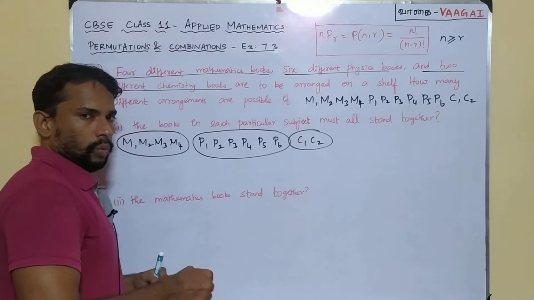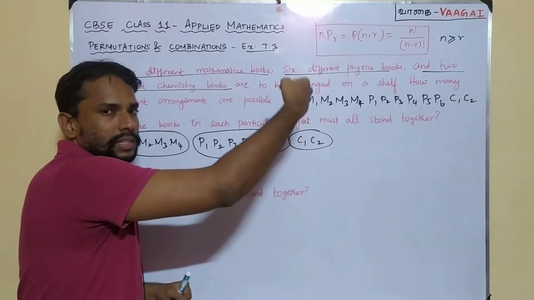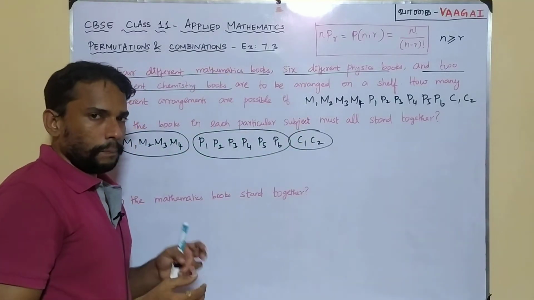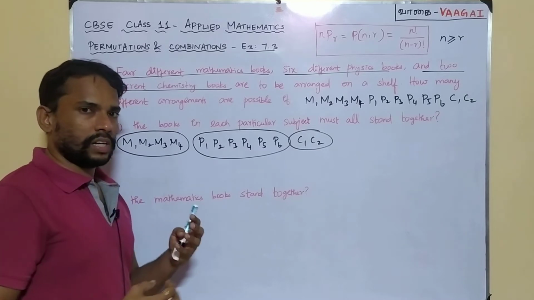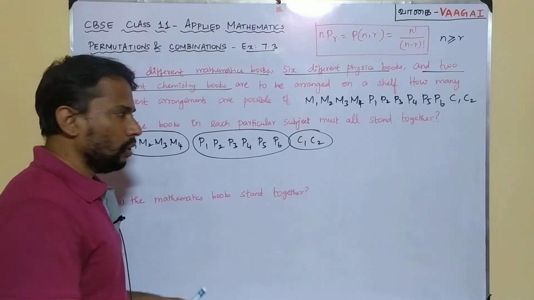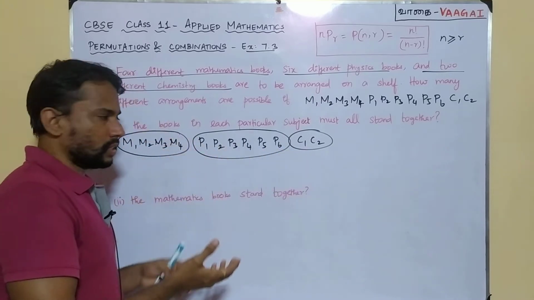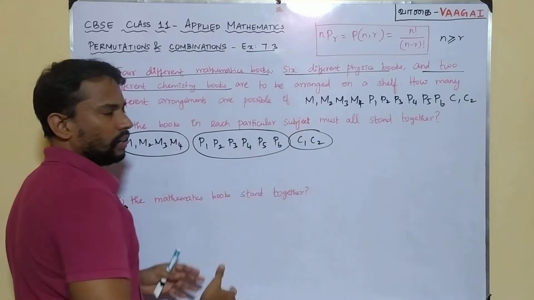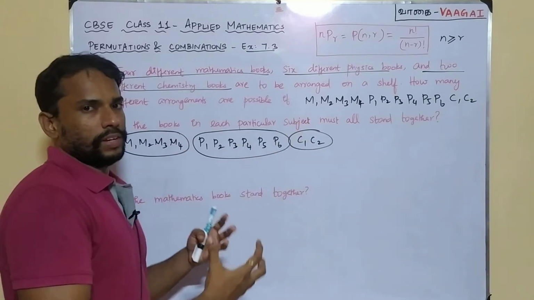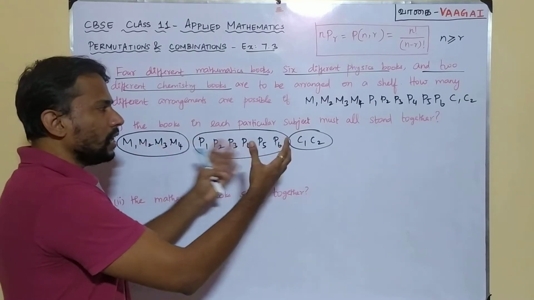Now wherever you move them, they all will come as a bunch. So our objective is arranging how many different objects? There are only 3 different objects now. Since each subject's books should always be together, we have got 3 collections only.